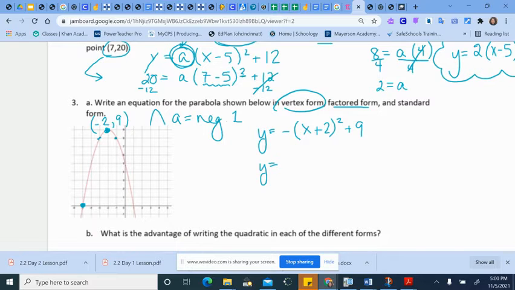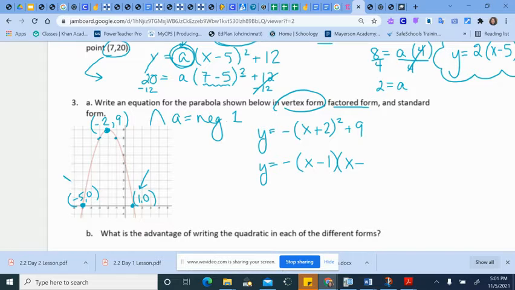Right here, which is at 1, 2, 3, 4, 5, -5, 0. And right here, which is at 1, 0. That's why they call those the zeros, because the y's are zeros. Right? And so for factored form, I know it's negative because it's facing down.